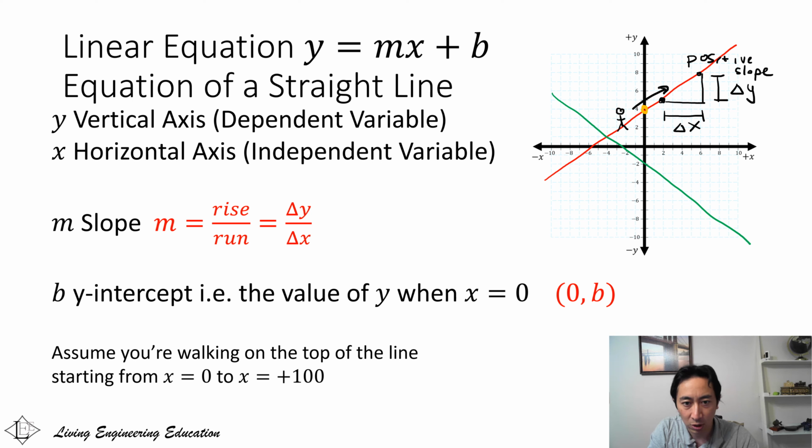If instead you're marching on this line in the positive x direction, you're going downhill, so this is a negative slope. So the m value of the green line would be a negative number. The value of the red line slope, m, would be a positive value.